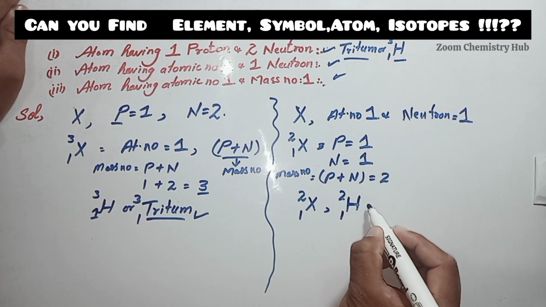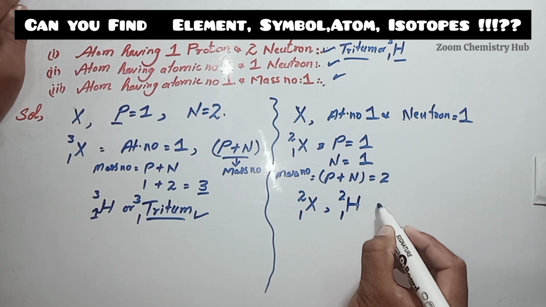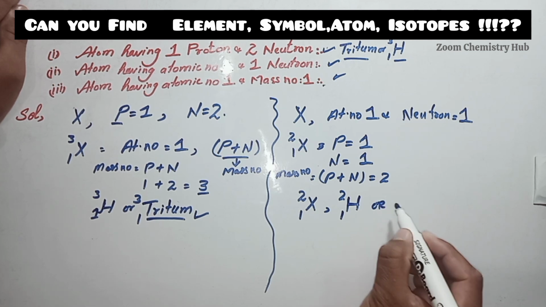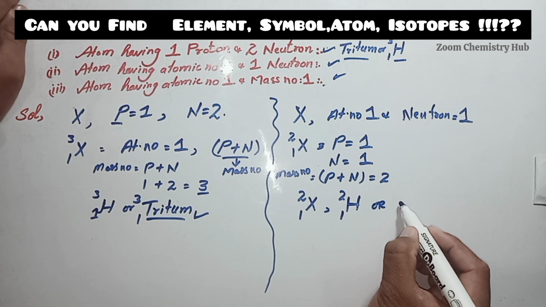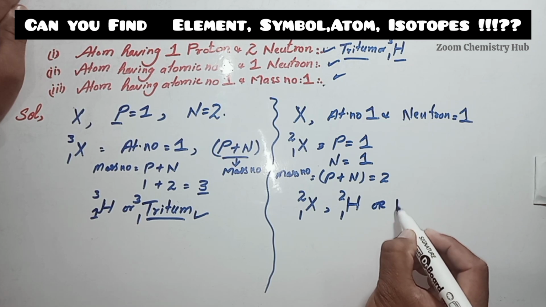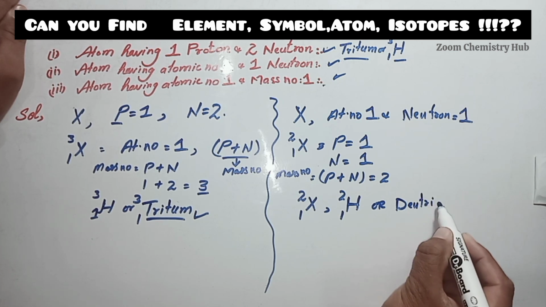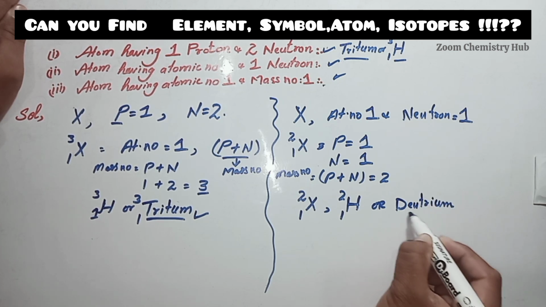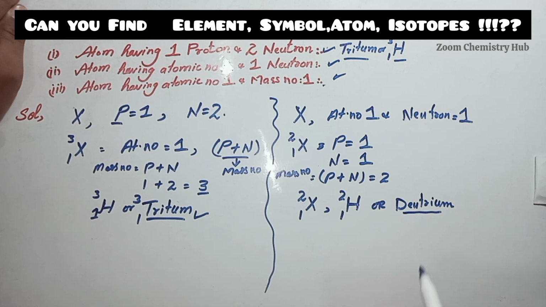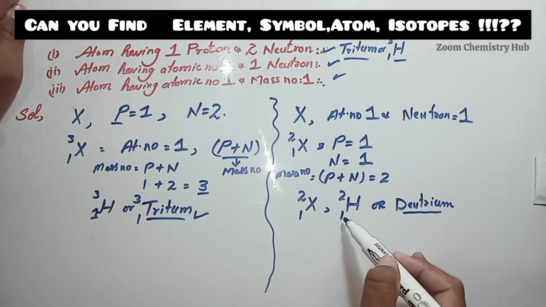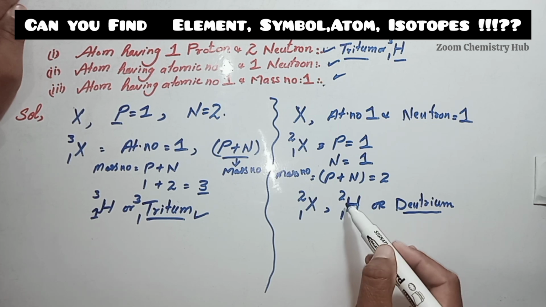The isotope of this hydrogen element is deuterium. We know that deuterium is the isotope of hydrogen having atomic number 1 and mass number 2.